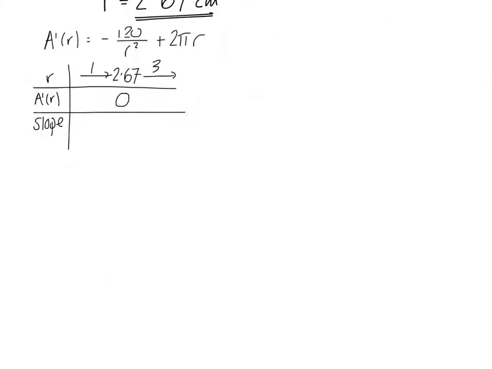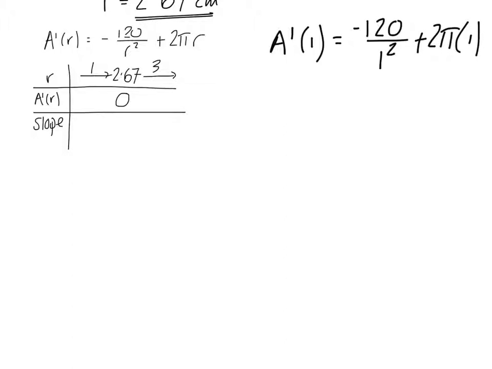So substituting first of all 1 into our differentiated formula gives us A dash of 1 equals minus 120 over 1 squared plus 2 pi times 1. That then gives us minus 120 plus 2 pi.